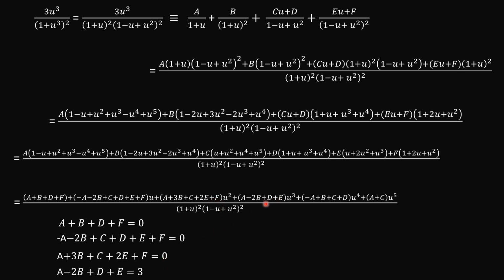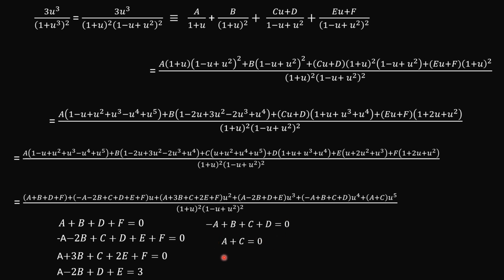And then the fourth term that corresponds to the u cubed: A minus 2B plus D plus E equals 3. The u to the power 4 term is also equal to 0: minus A plus B plus C plus D equals 0. And then the u to the power 5 term: A plus C is equal to 0.